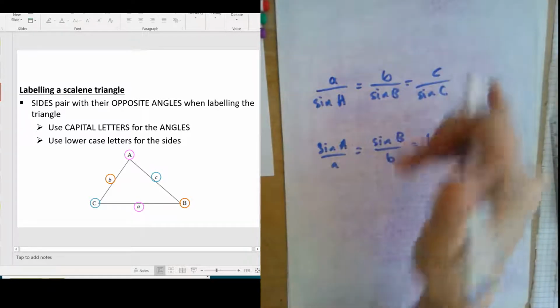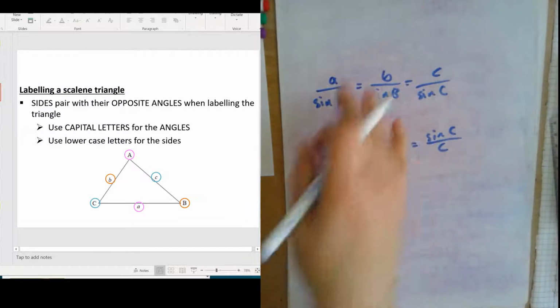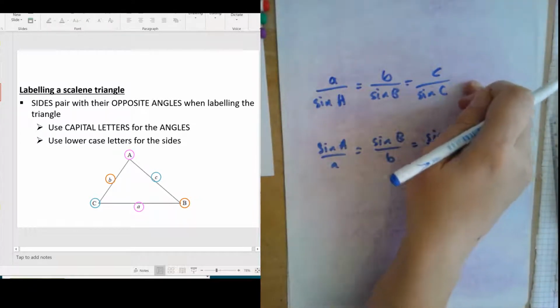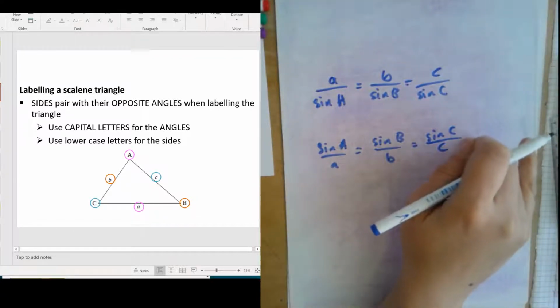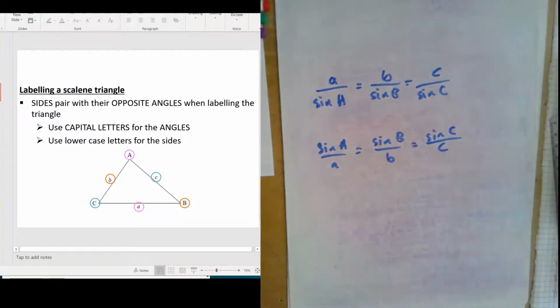Okay, they're both exactly the same thing. They're just written in a slightly different way. So it doesn't really matter which way it's written. Most people use this format in order to find out sides, so they rearrange less. And most people use this format to find the angle, so you don't have to rearrange so much. Okay, that's all there is to it.